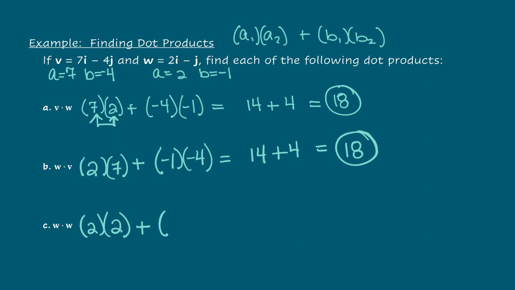For b1, I'm going to use -1, and for b2, I'm going to use -1, which leaves me with 4 plus 1, and the dot product of w with itself is 5. And that's how you calculate a basic dot product.